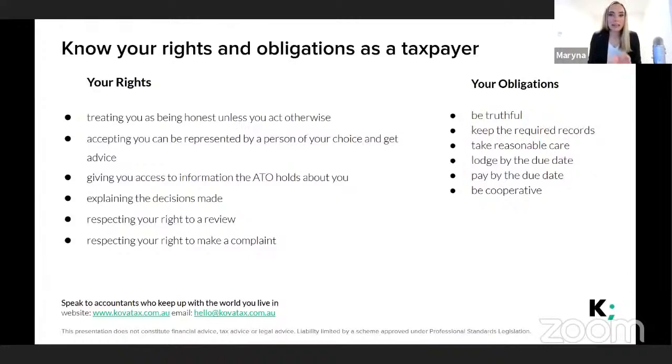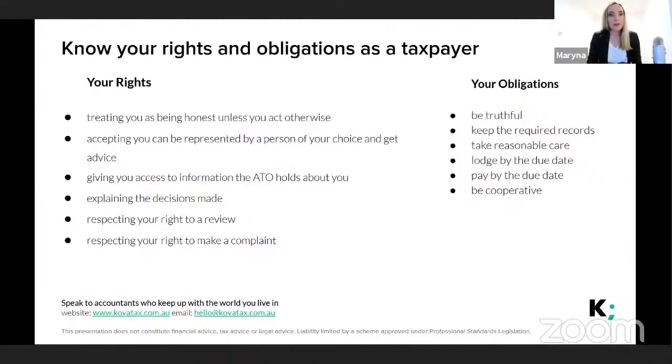So about obligations, everyone must be truthful. You have to keep your records, of course. You have to take reasonable care, lodge everything by the due date, pay everything by the due date, and be cooperative, which eventually means that if you get audited, you must be cooperative with the ATO.